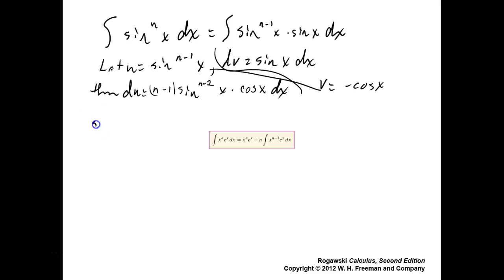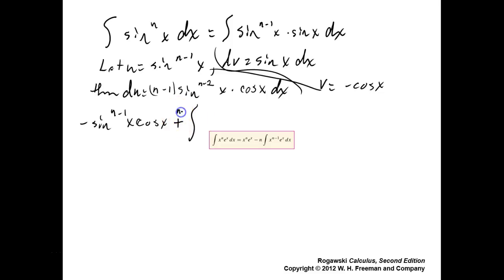So your integration by parts takes the u and the v, multiplying those two together, and that would be minus sine to the n minus 1 x cosine x, minus the integral of v du, right? The bottom line there. And that integral would be, there is a minus in there, so that's going to make that a plus.